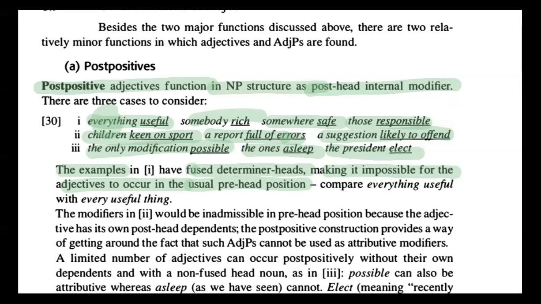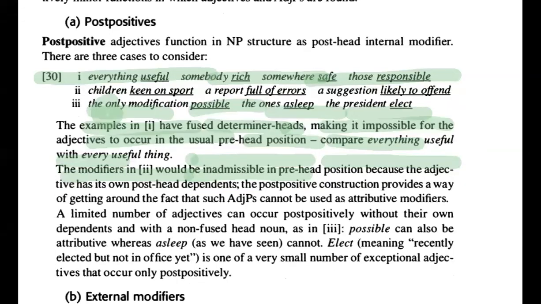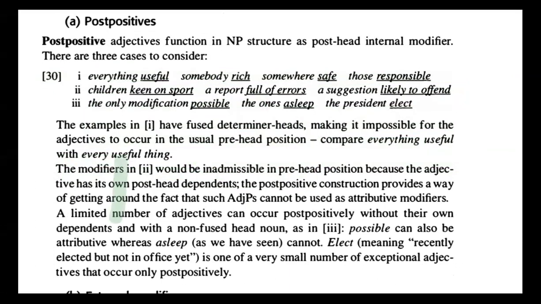According to the second line, the modifiers here would be inadmissible, يعني غير مقبولة in pre-head position. ما فيني حطها قبل pre-head position. Like children keen on sport. So here وين الصفة keen؟ حريص. الأطفال حريصون على الرياضة مثلا.